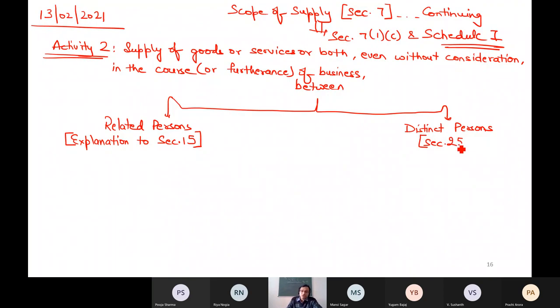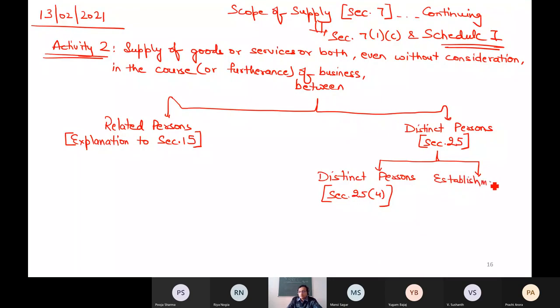If you remember section 25, there are two types of distinct persons defined in it, which we have already covered in detail. One is specified distinct persons under section 25(4), and another is known as establishment of distinct persons, section 25(5).